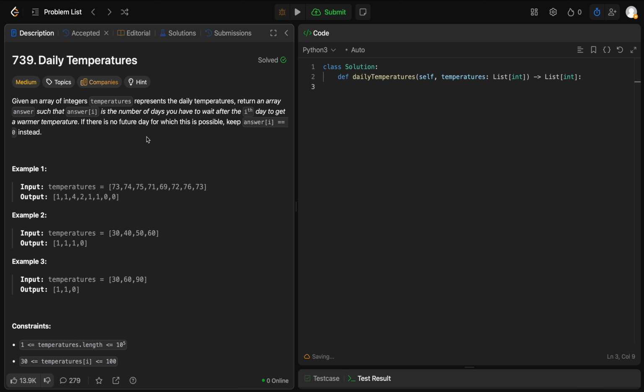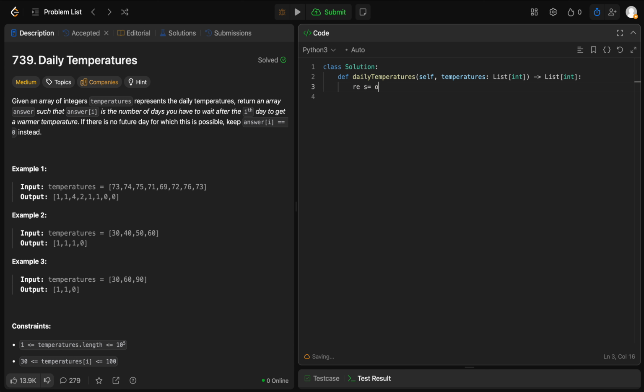We can use a variation of a monotonic stack. It's not strictly monotonic because we can have equal values. Essentially, we push 73 and its index to a stack, and then go to the next one. If the next one is greater, we pop 73 from the stack, and in the result at the index of 73, we put the difference of indices.